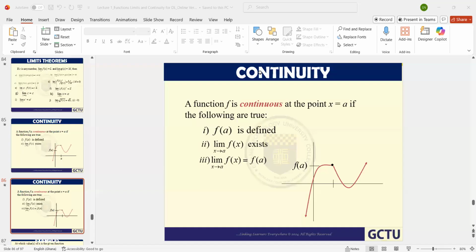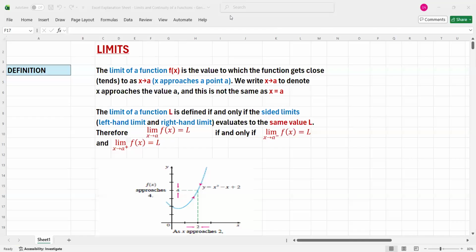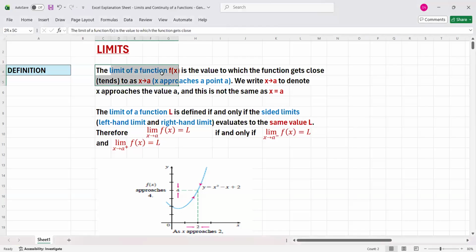Okay, so you should see on your screen, I've extracted information from the PowerPoint and it is here. So let's define the limits of a function, okay? Let's define the limits of a function. Now, we say that the limit of a function f of x is a value to which the function gets close or tends to get close to at a point.